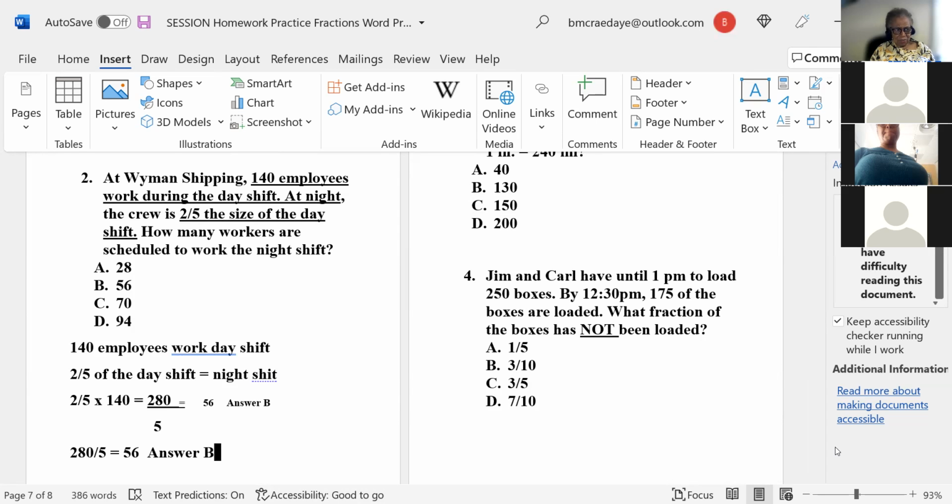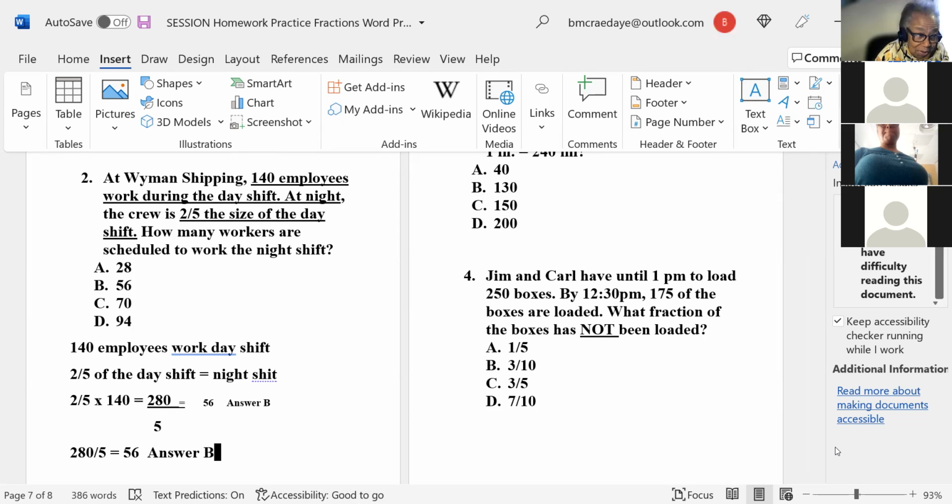That's the day shift. The total employees would be the sum of the 2 shifts. What's the total number of employees on the 2 shifts? Oh, that's what it meant.